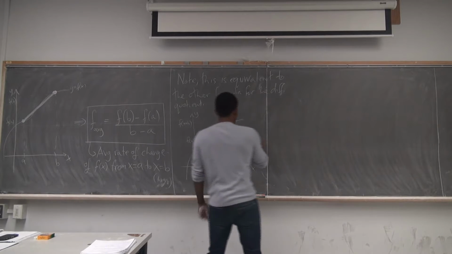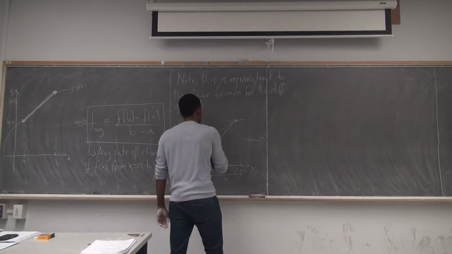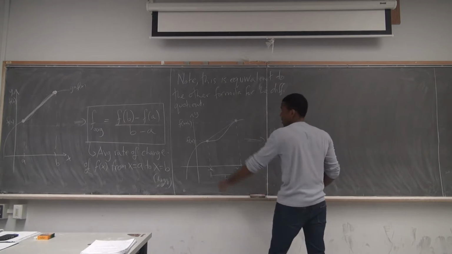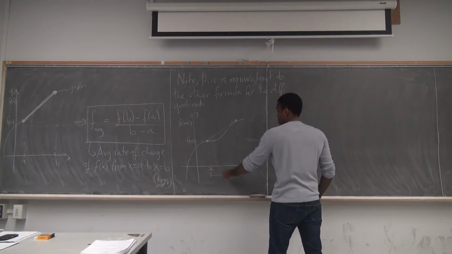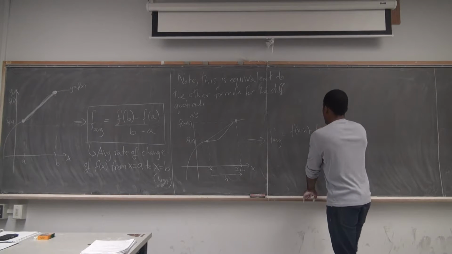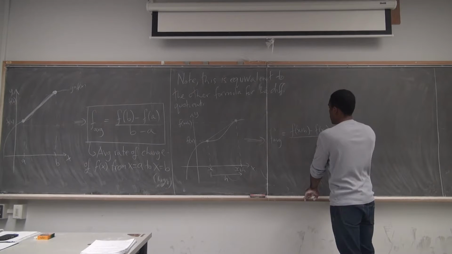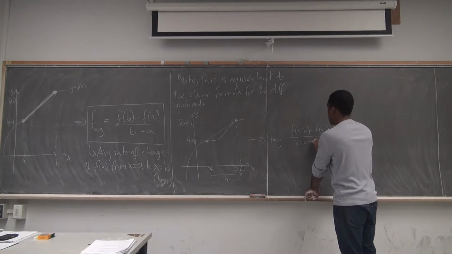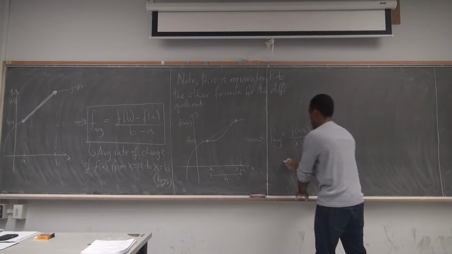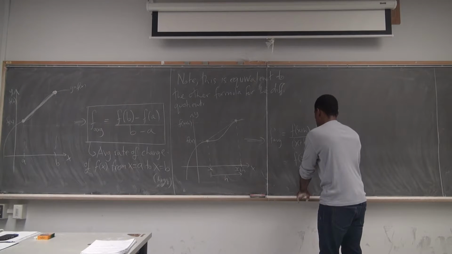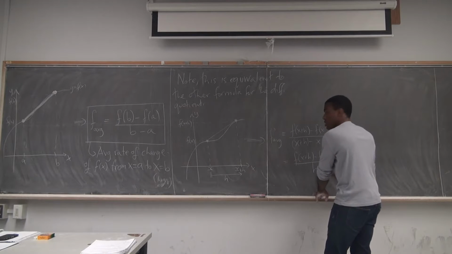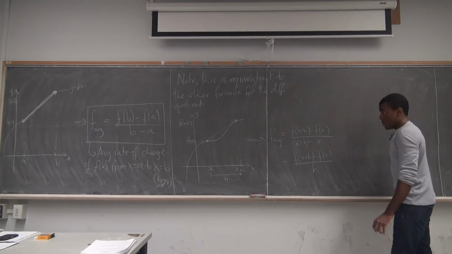And so I can think of the average rate of change also as y2 minus y1 over x2 minus x1. I get f of x plus h minus f of x over x plus h minus x. And of course the x's kill each other, and I would have f of x plus h minus f of x over h. And so that's where the difference quotient came from.